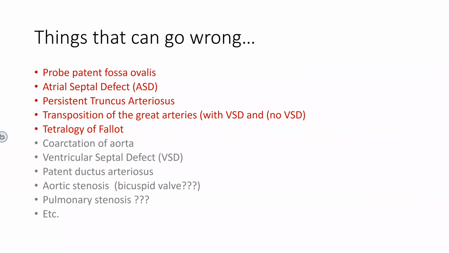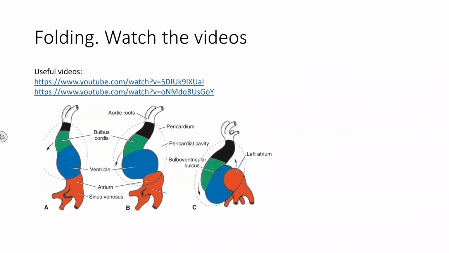And the ones in the red are the pathologies that I'll sort of mention. I won't actually go through a lot of the embryology because a lot of videos do that a bit better than I can. And so just watch the videos.